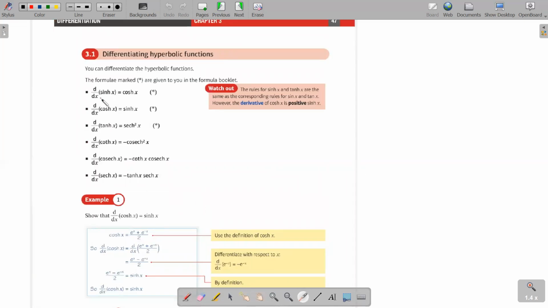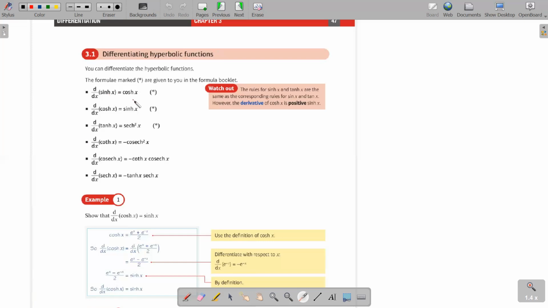So first we'll write down these rules. They have given you the formulas that you need to remember to do the questions. The first one is differentiation of sinh x, which is cosh x. The differentiation of cosh x is sinh x. Do you see there's a difference between the trigonometric and hyperbolic differentiation? In trigonometric differentiation, the derivative of cos was negative, but in hyperbolic we don't have that negative complication here.